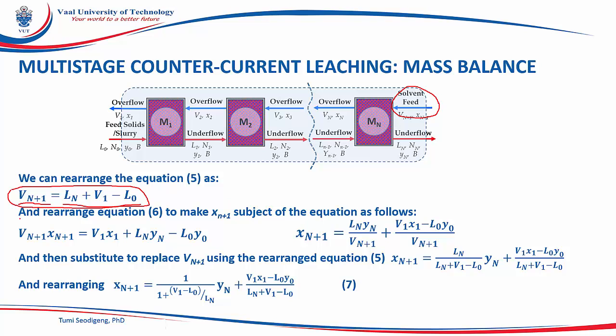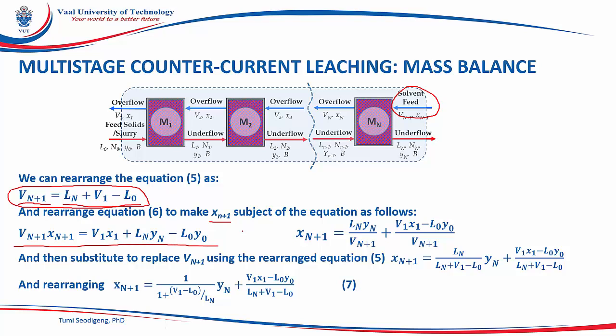And then now we can rearrange equation 6 to make the composition of the solute in the solvent feed stream, which is xn+1, the subject of the equation as follows. Remember, this is equation 6.